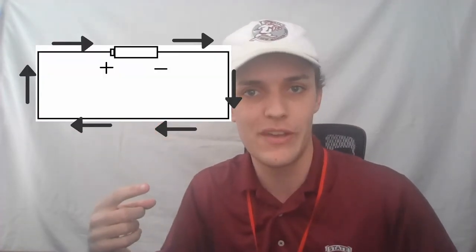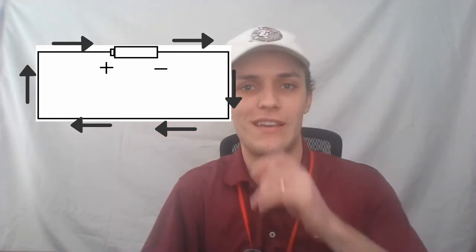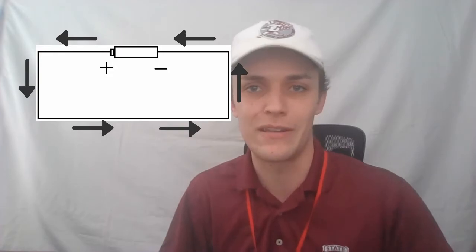But there's a little bit of a confusing difference here, in that there's a conventional way that we treat electricity to be flowing whenever we're making diagrams, and it's actually the other way around. So although electrons are actually flowing from negative to positive, the way that we treat electricity to be flowing whenever we're looking at things is actually from the positive end to the negative end.